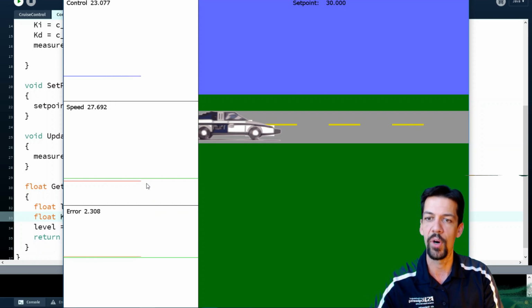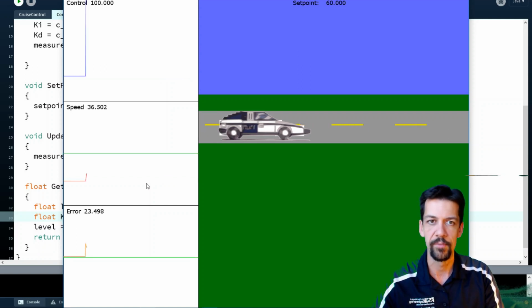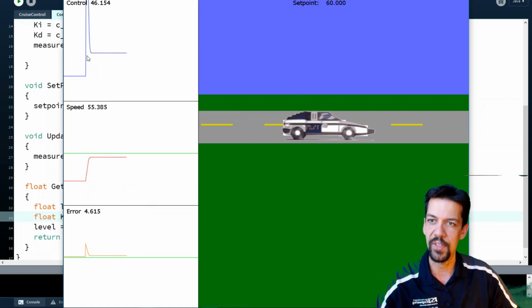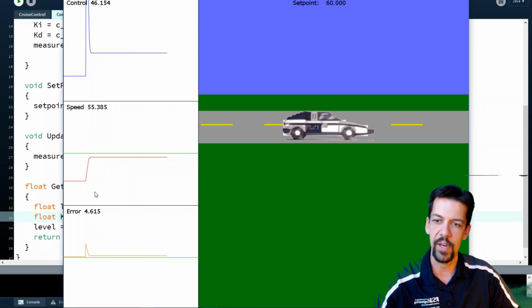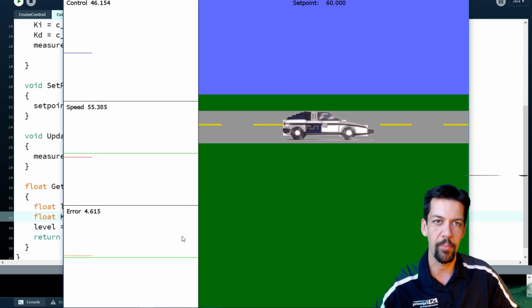Let's see how this performs under some changing conditions. So let's increase my set point to 60 miles an hour. And you can see the control system slammed on the gas pedal. It accelerated up to a steady state threshold and then stopped. So we had an increase in error, and then the error started to drop, and we're back at our speed.